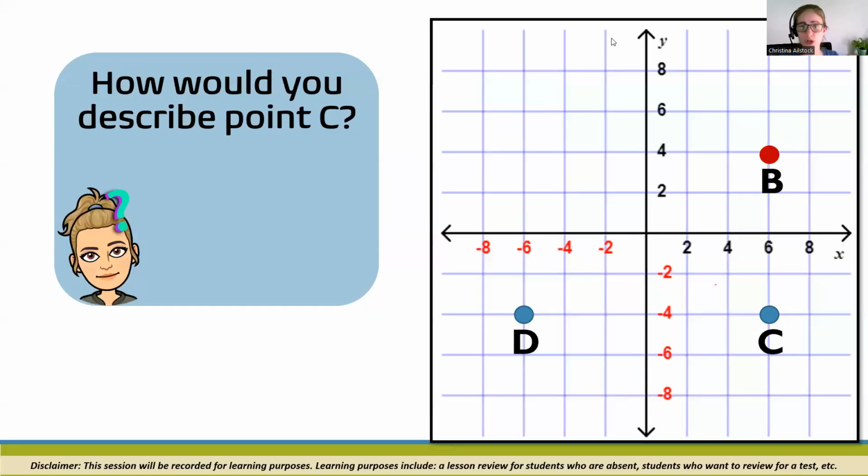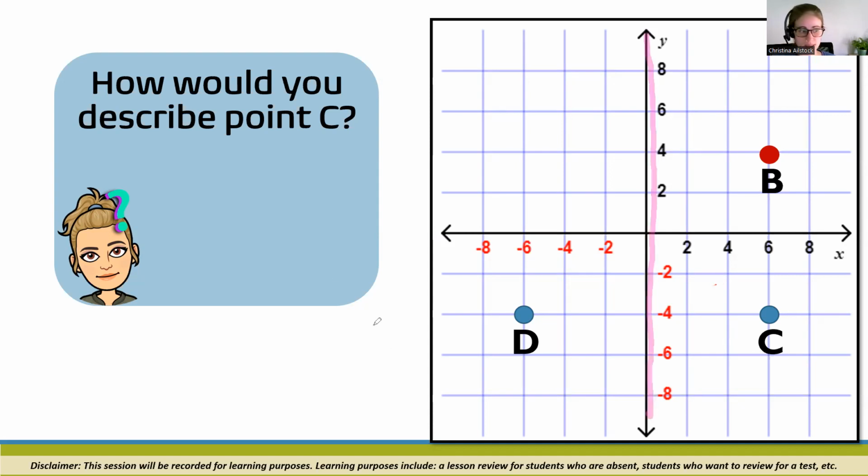All right, let's look at one more here real quick before we get into the last part of our lesson. So how would you describe point C? Pause the video if you need to, take a moment to think. All right, well, there's 2 different ways that we can describe point C. The first thing that I notice is C and D are an equal distance apart from our y-axis.